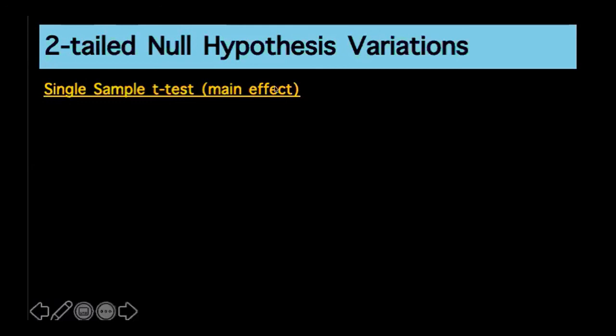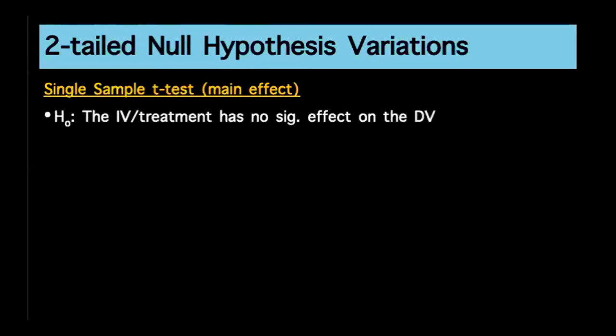The main effect of the test represents the differences between the means. If you look at the t ratio that we calculate, it's always looking at the mean difference. So that's the main effect that we're investigating.